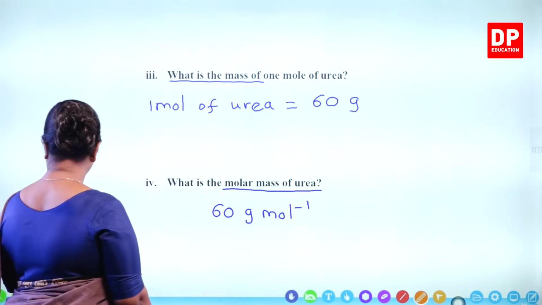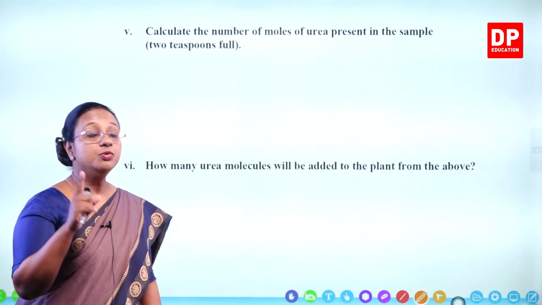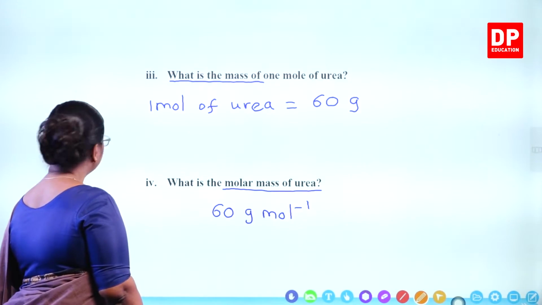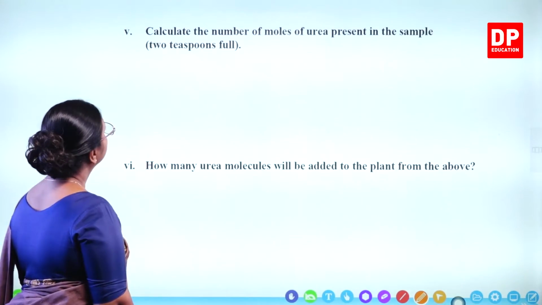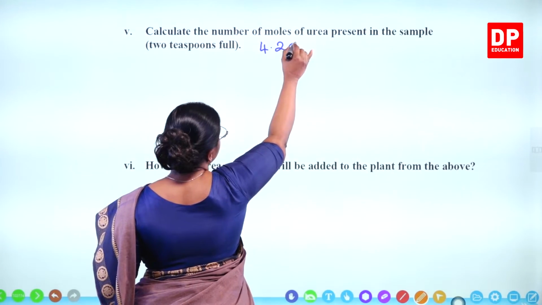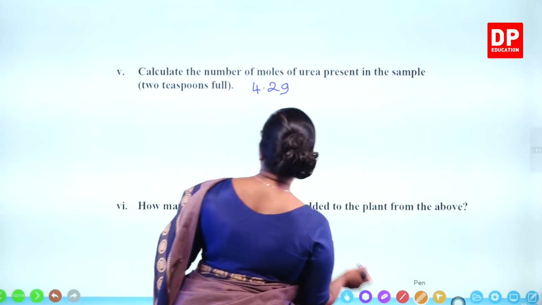Then the next one. Calculate the number of moles of urea present in the sample, 2 teaspoons full. Can you remember the mass? I will quickly go back and check. 4.2 grams of urea. So this was equal to 4.2 grams. So then what are we supposed to do?